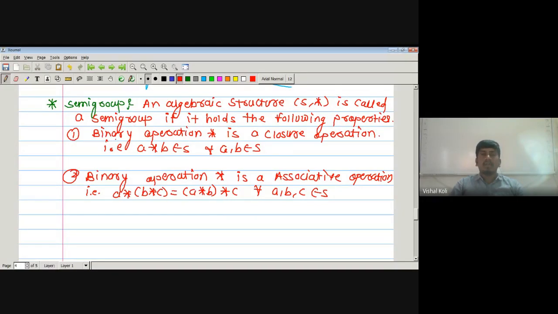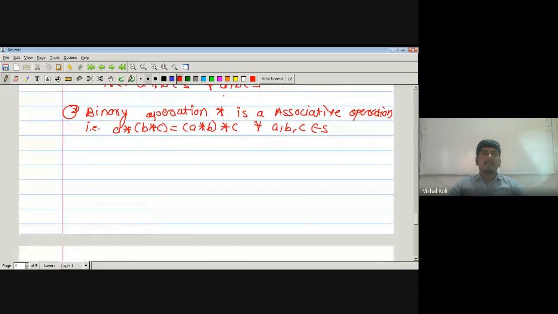First, the given binary operation star is a closure operation, that is, if we take any two elements belonging to S, then their product a star b belongs to S. And second, binary operation star is an associative operation, that is, for any three elements a, b, c belonging to S, (a star b) star c is equal to a star (b star c). Then the corresponding algebraic structure (S, star) is called a semigroup. And after that there is one more definition, that is, a monoid.